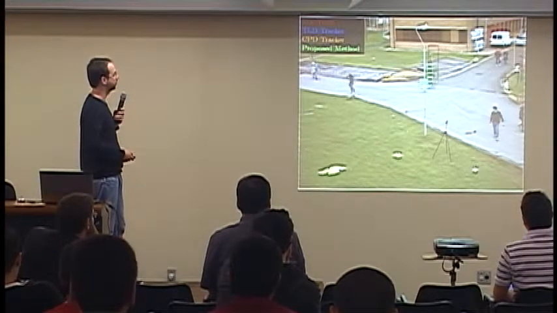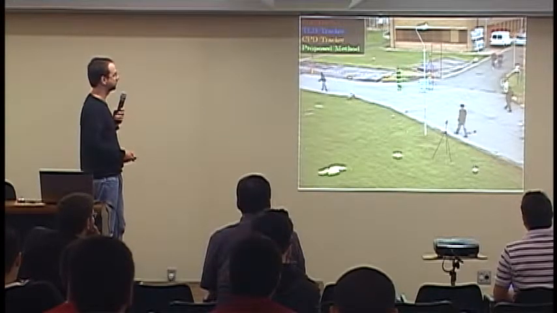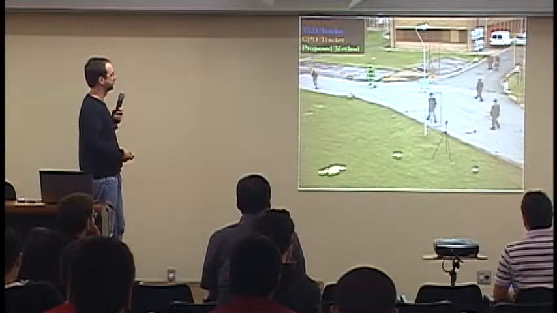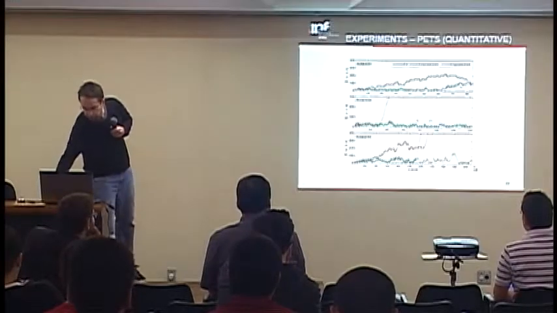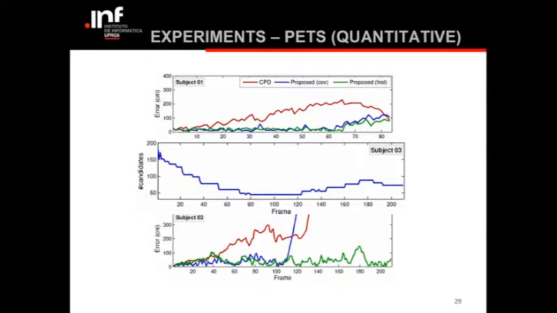Okay, it's a little bit boring. Now we pass the pole. Good. We have a small error there. And this is it. These are the errors of our method in green.